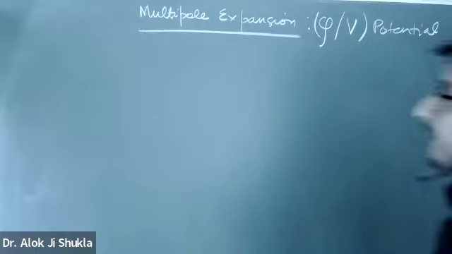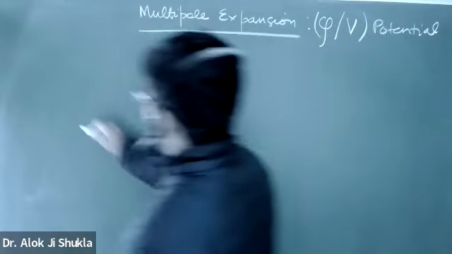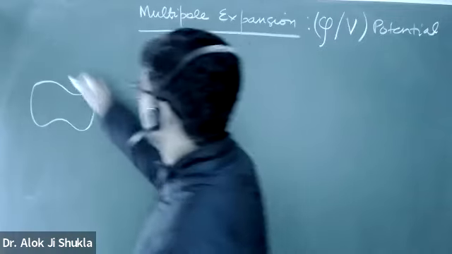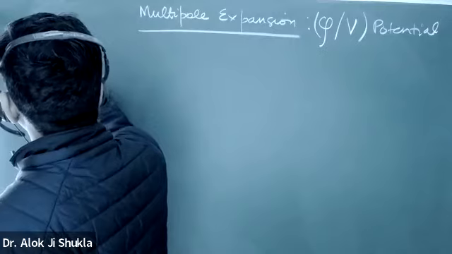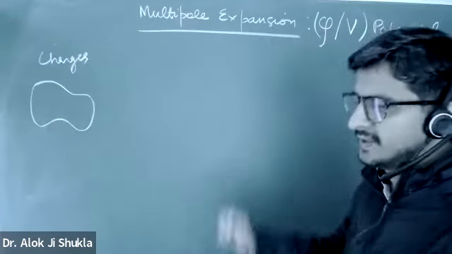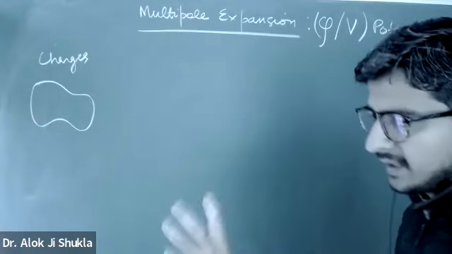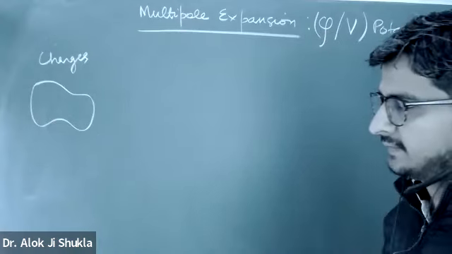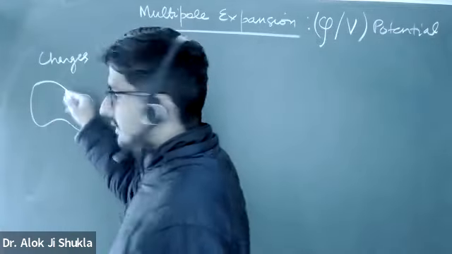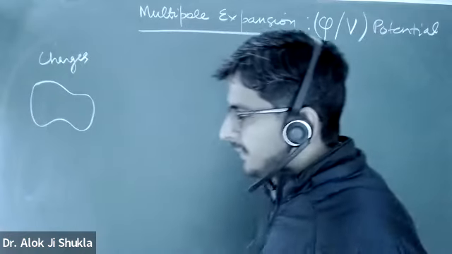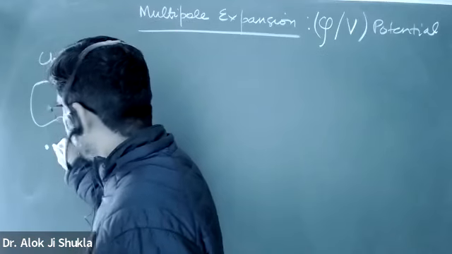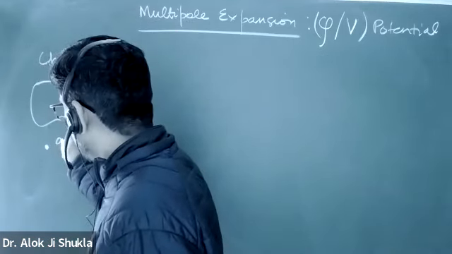Please understand this concept: suppose there is a certain volume consisting of charges. Charges are there, some volume charge, surface charge, everything. We are considering a bulk, so there will be a volume charge density. This system of charges, I mean charge densities, will have a single charge, that is called monopole.